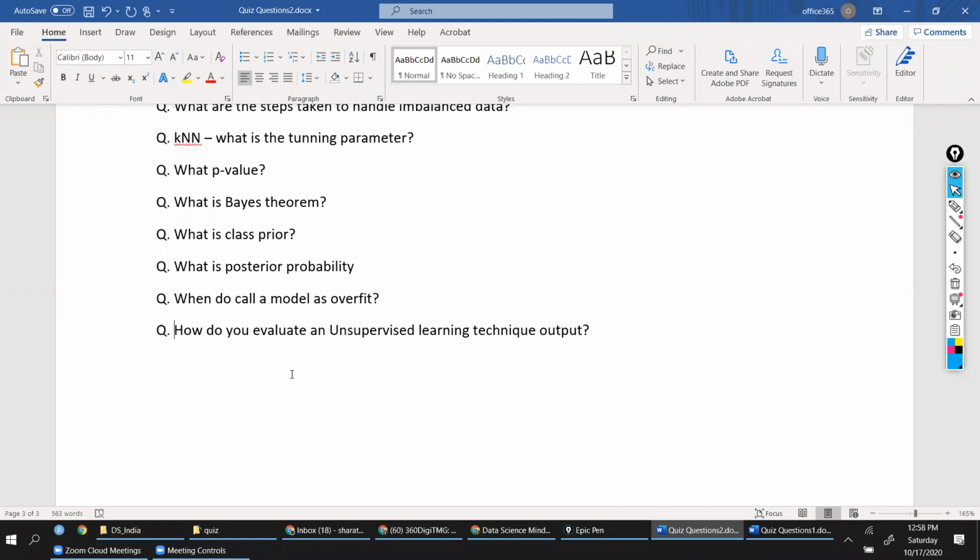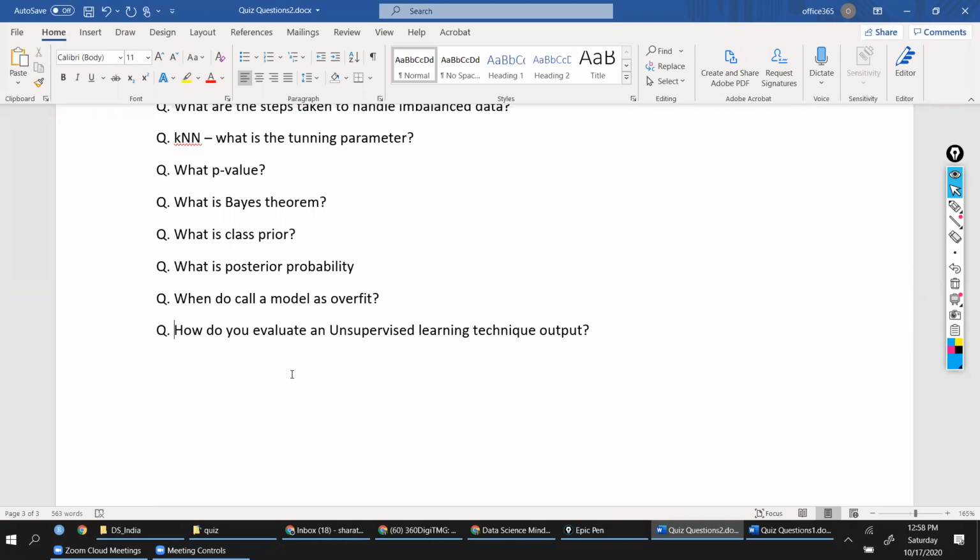If I talk about a recommendation engine, when you are doing personalized strategies, if your customers are taking decisions based on the recommendations that you're making, then your recommendation engine is a success. So evaluation of unsupervised learning techniques is interpreted by subject matter experts.